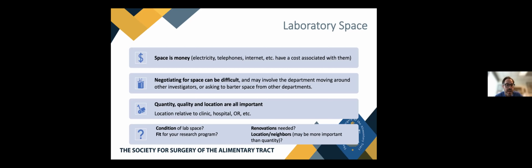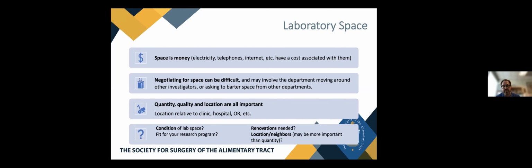Obviously, lab space that's in disrepair or is in need of renovations is significantly different than lab space that is immediately usable. You also obviously want to have space that's a fit for your research program. Putting you into bench space, for instance, that has a bunch of chemical fume hoods when you never use those in your program is sort of wasted space. So again, you need to be asking about that.